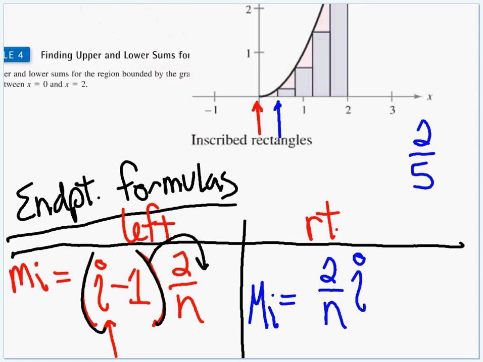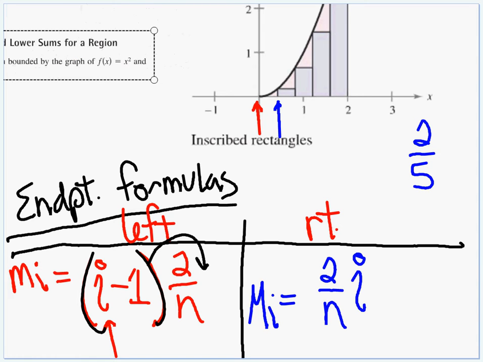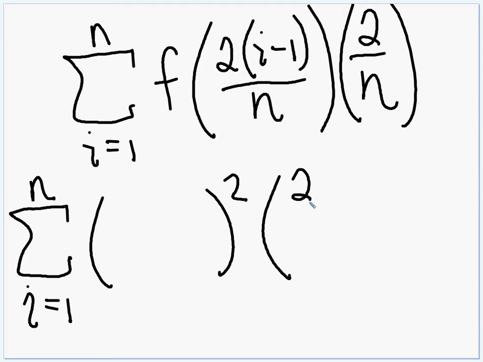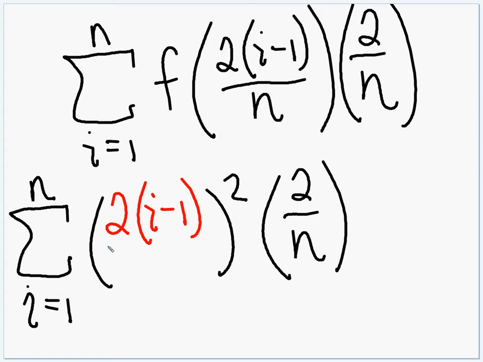So this f of is going to become something squared, and that's going to get multiplied by our 2 over n. And what we put in there is our 2 I minus 1 all over n.